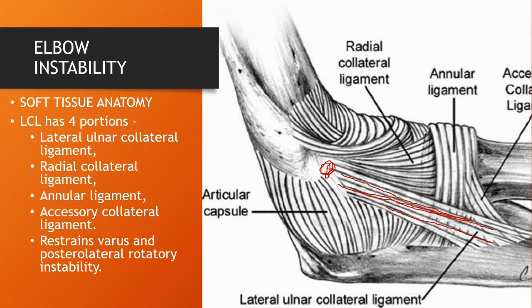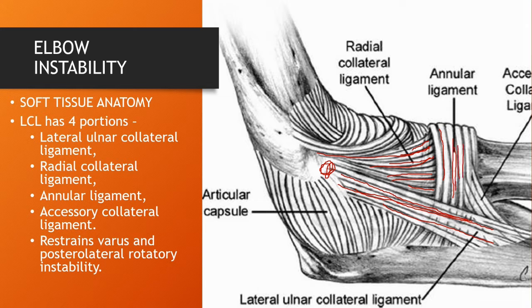The radial collateral ligament extends from the medial epicondyle down and around, to attach on the radial head. The annular ligament, which supports the radial collateral ligament.